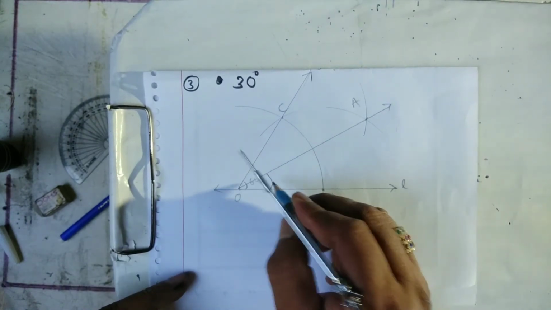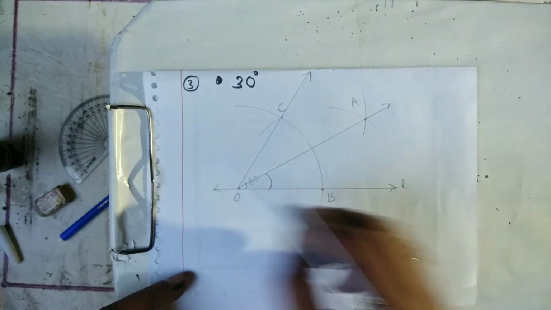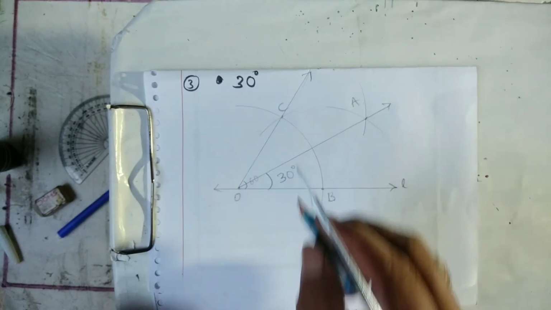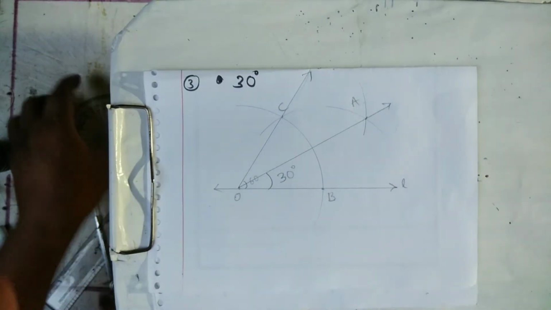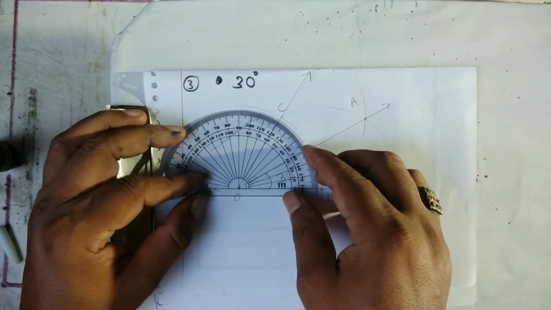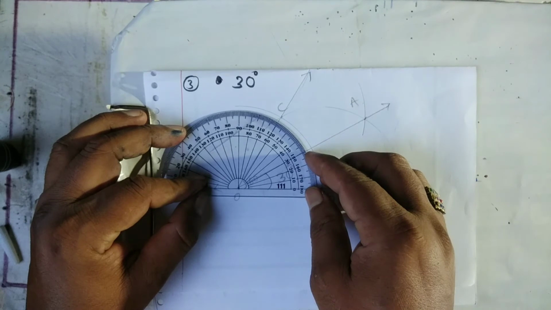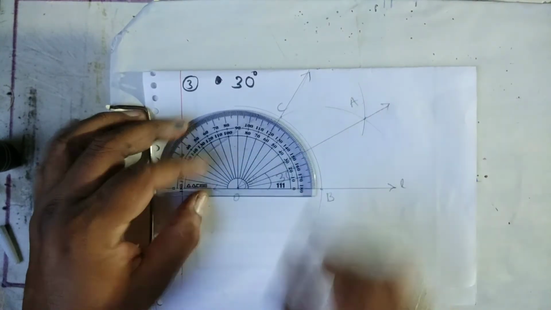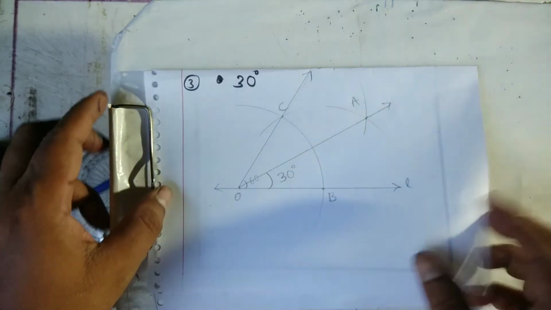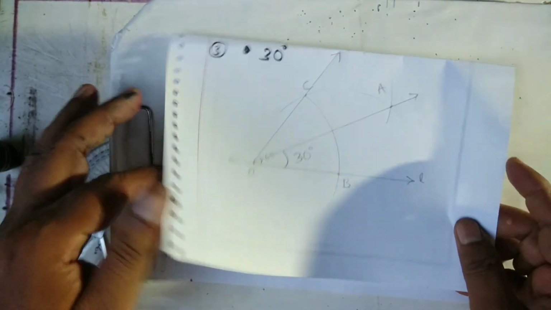This will give angle AOB, 30 degrees. If there is any doubt, we can measure this angle which we got, 30 degree. So this is constructing 30 degree.